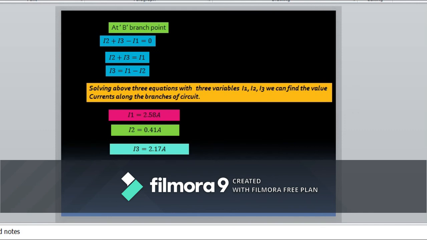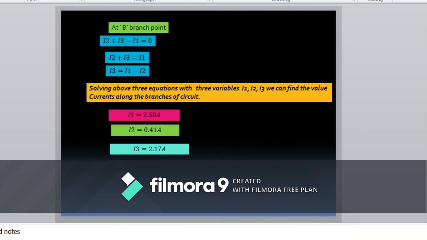Now we can substitute the value of I3 in the above equation and we get the equation with the two variables I1 and I2 respectively.